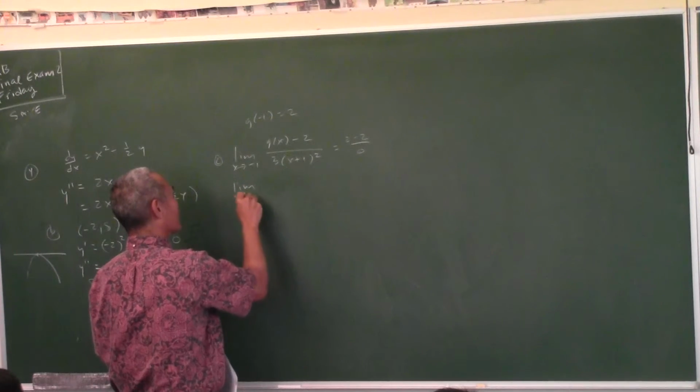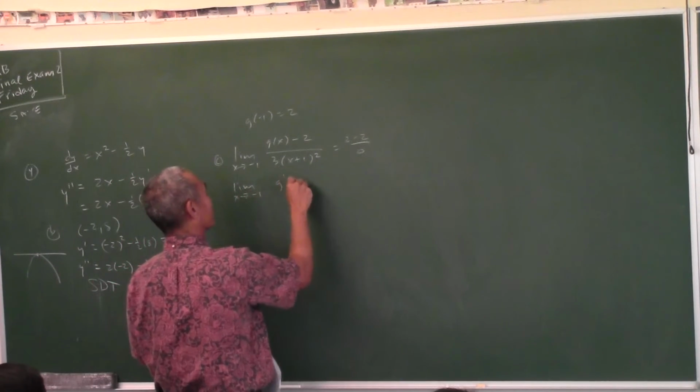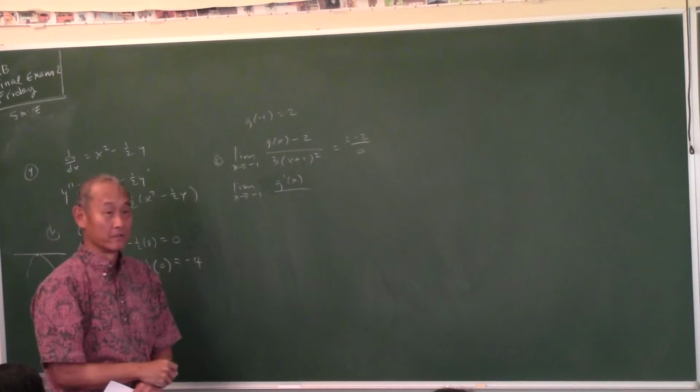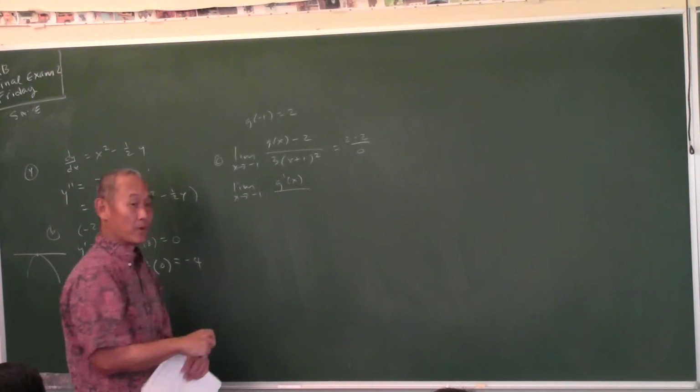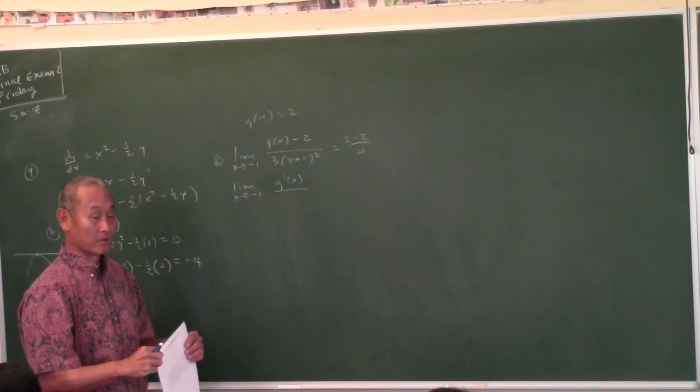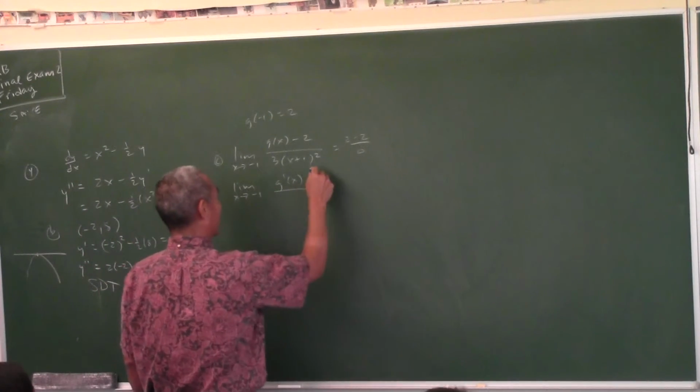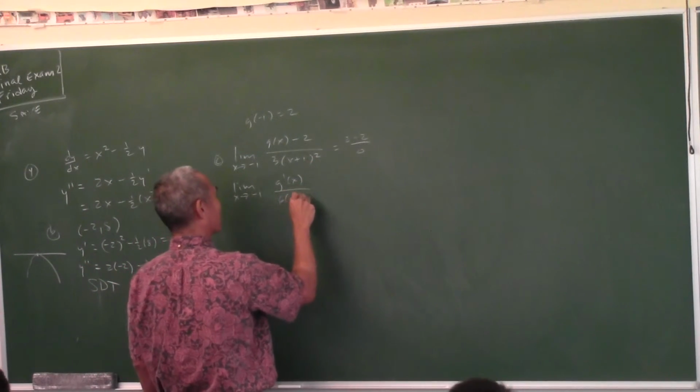L'Hopital's rule says take the derivative of the top, and then take the derivative of the bottom, 6x plus 1.